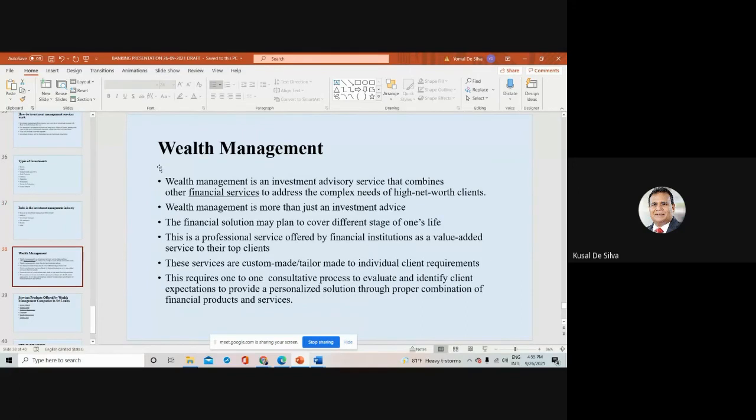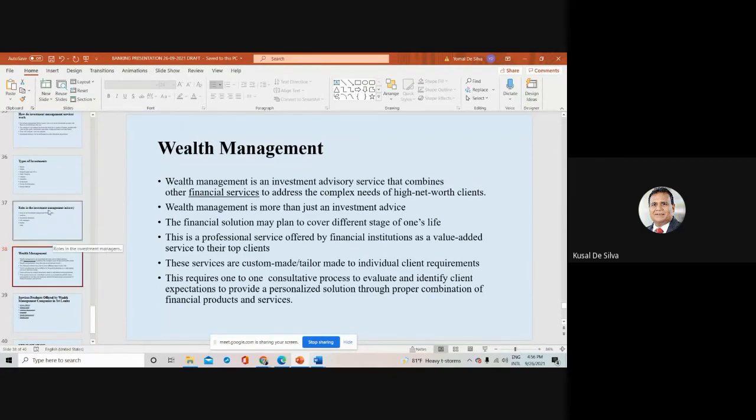In investment management, we discussed the broker and the dealer. Broker is the initial stage, and when you mature and get more qualified and expose yourself, then you will become a dealer. Dealer is more than the broker.